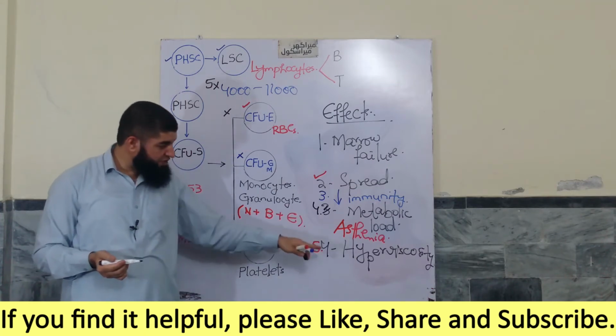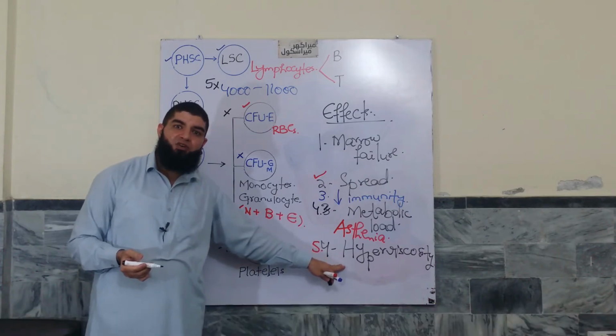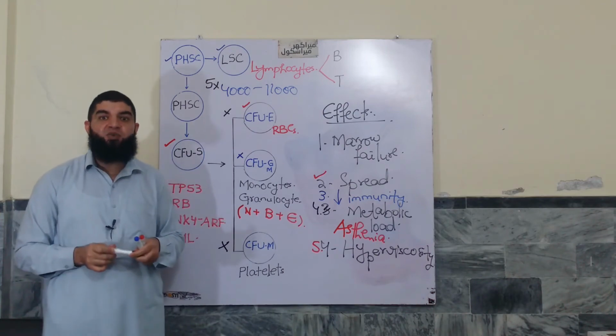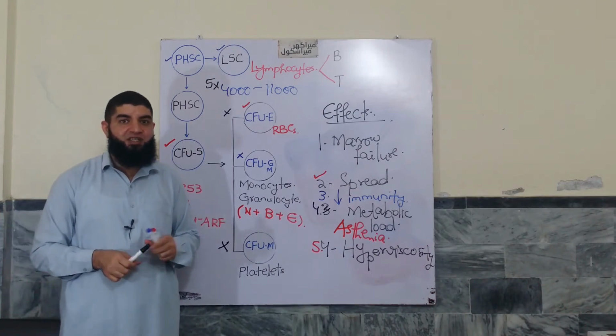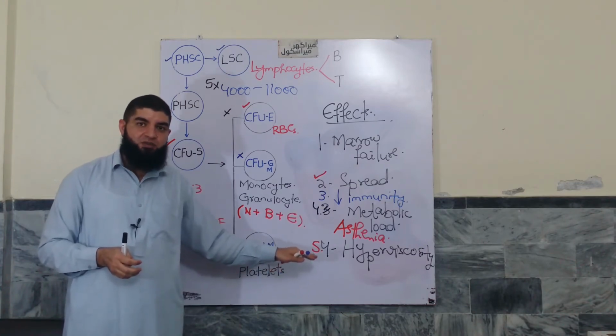Hyperviscosity, I want to add, predisposes to thrombosis. An increase in the cellular elements of the blood is what we call hyperviscosity, and that predisposes to clotting within the blood vessels, thrombosis.